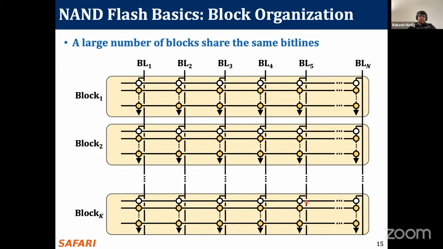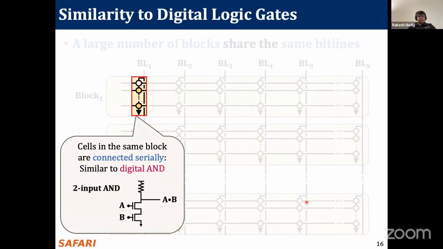And here we look at two principles which form the key ideas of Flash-Cosmos. If you look at the cells connected in the same block, connected to a NAND string, we see some similarity with digital AND logic, where two transistors are connected in series, and that gives the two-input AND output.